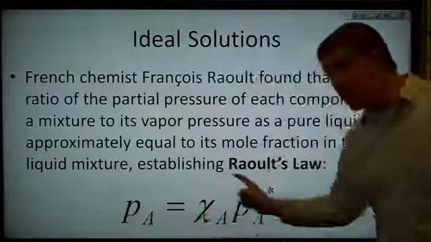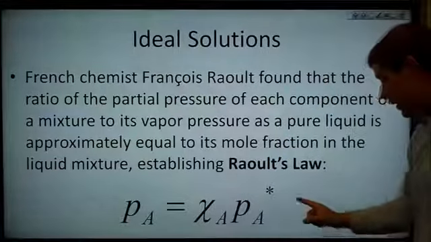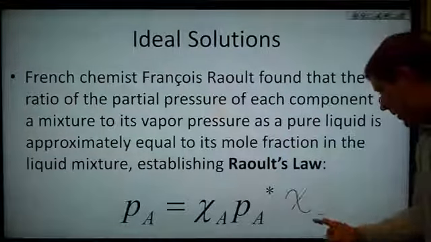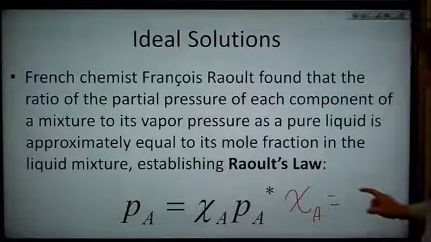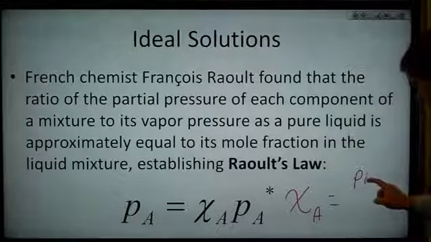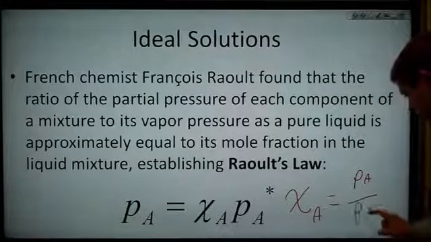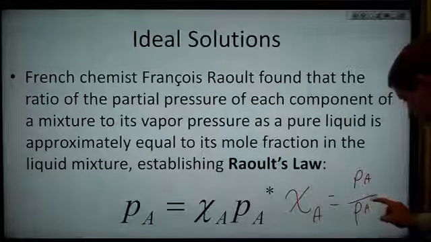If we solve this for chi, we get chi A is equal to PA over PA star.